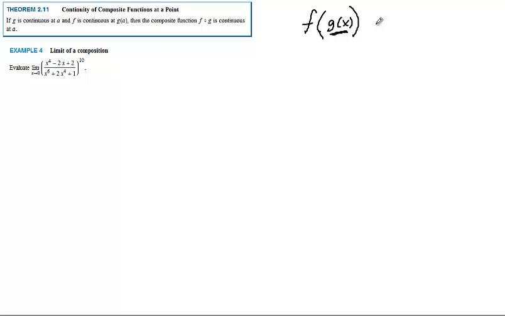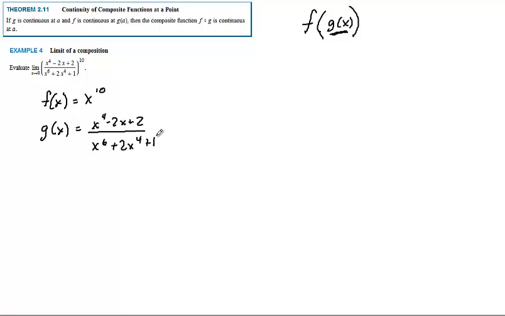So let's look at what that might lead us to conclude. I'm going to look at f of x as x to the 10th, and g of x as that nonsense on the inside: x to the 4th minus 2x plus 2 over x to the 6th plus 2x to the 4th plus 1.